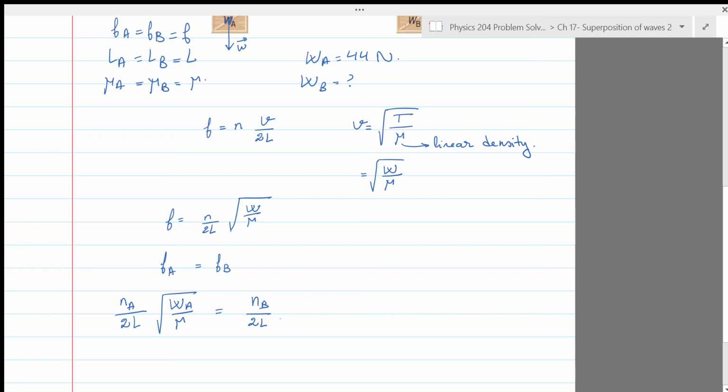Note that the length of the two strings is the same. So if we simplify this first of all, we will end up with nA radical WA equals nB radical WB.